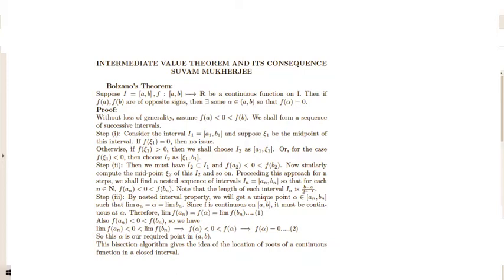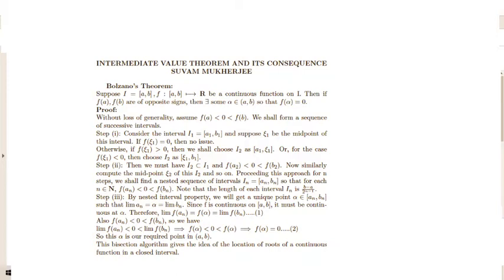So how can we prove this result? Without loss of generality, we can assume that f(a) is negative and f(b) is positive, so clearly f(a) and f(b) will be of opposite signs. Now we will form a sequence of successive intervals.